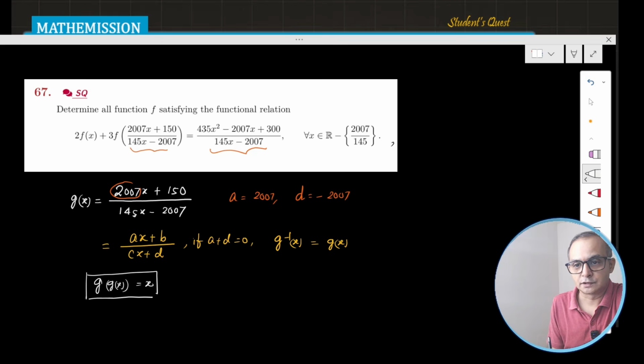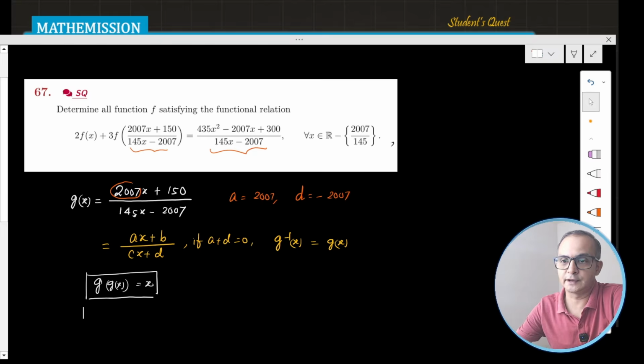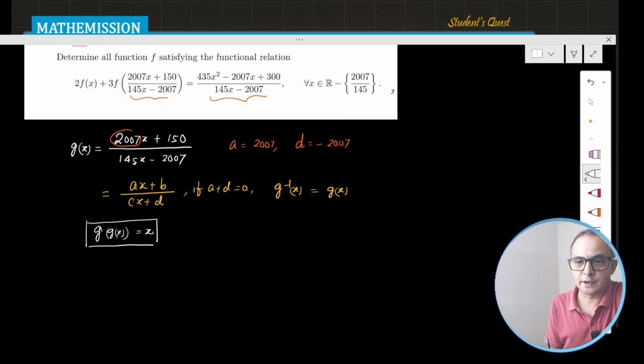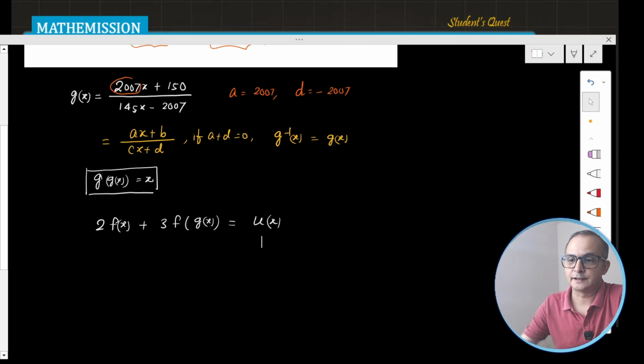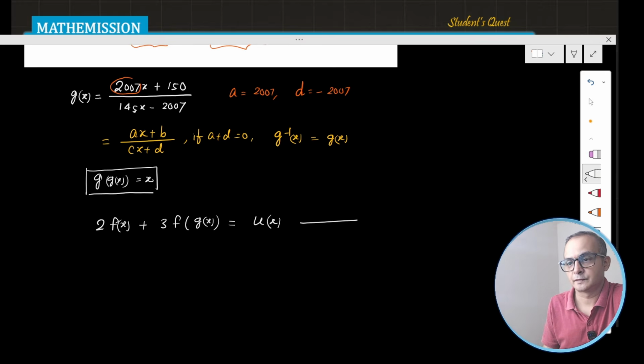Our expression now looks like this: I have 2 of f(x), and with the function g(x) I assumed, thrice of f of g(x) as a second term, and let's say this expression is u(x). This is the first equation.